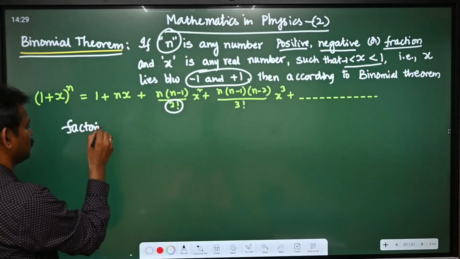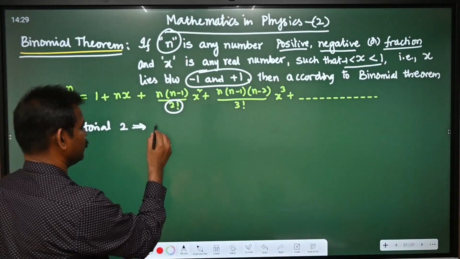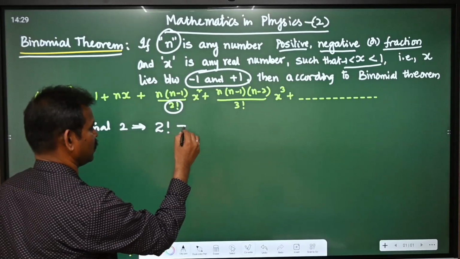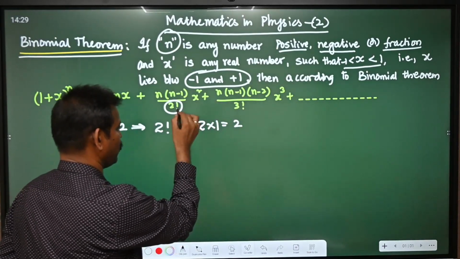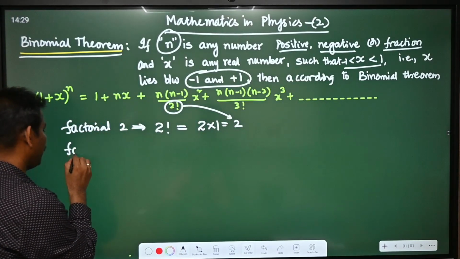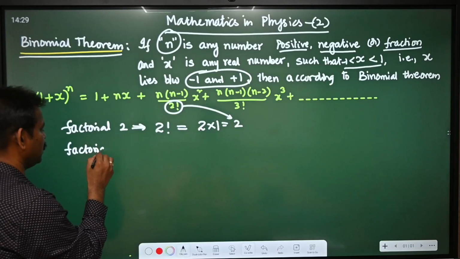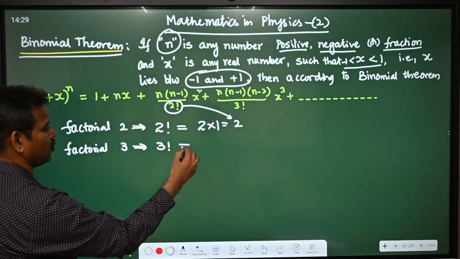Factorial 2, we are writing this as 2 factorial, which is given by 2 into 1. That is nothing but the value of magnitude of this one is 2. Similarly, factorial 3, meaning of this one is 3 factorial.